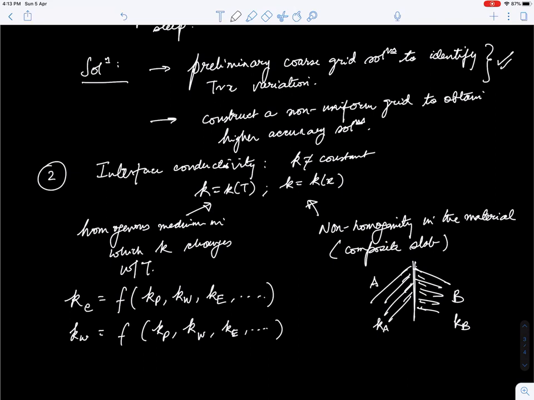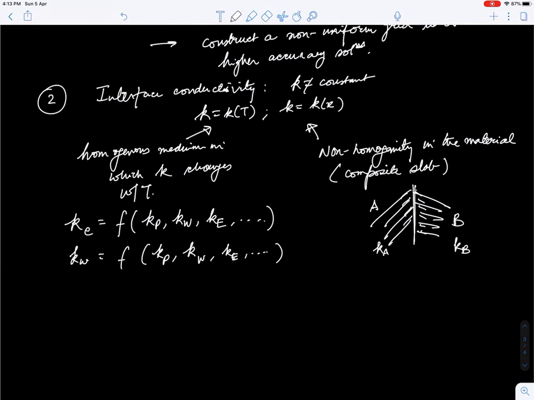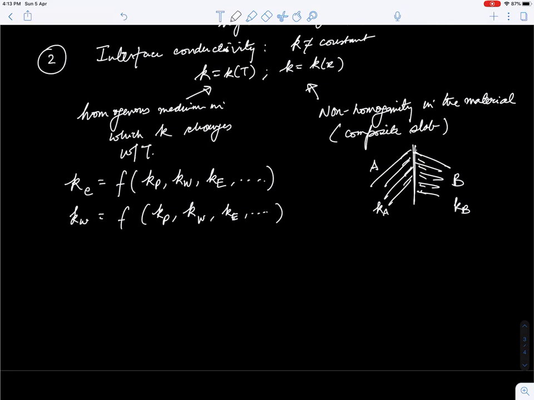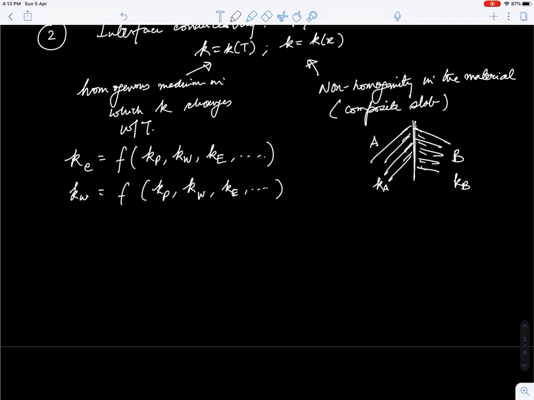Okay, so let's look at the simplest option. We will look at two different options, not that only these two methods are possible.